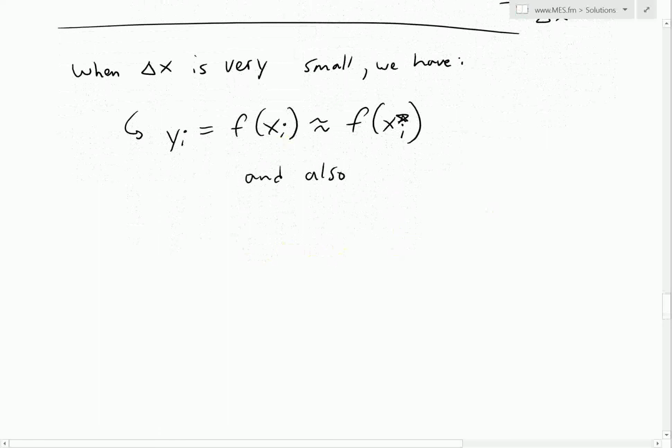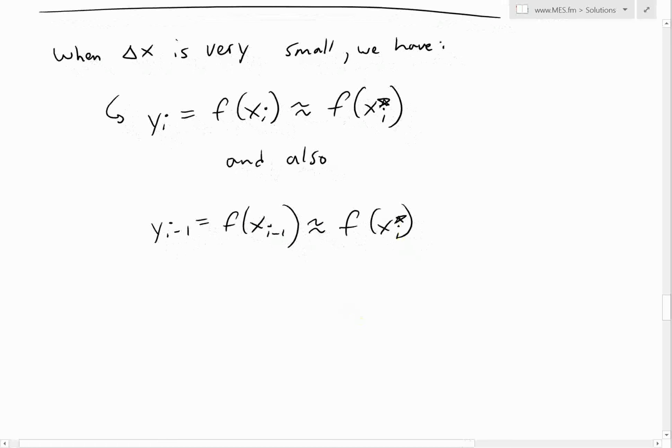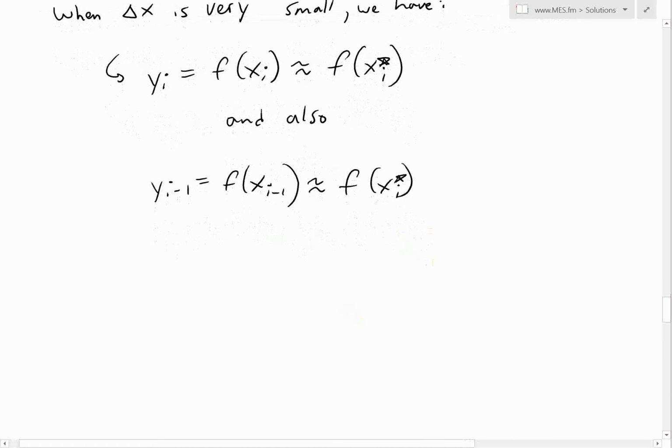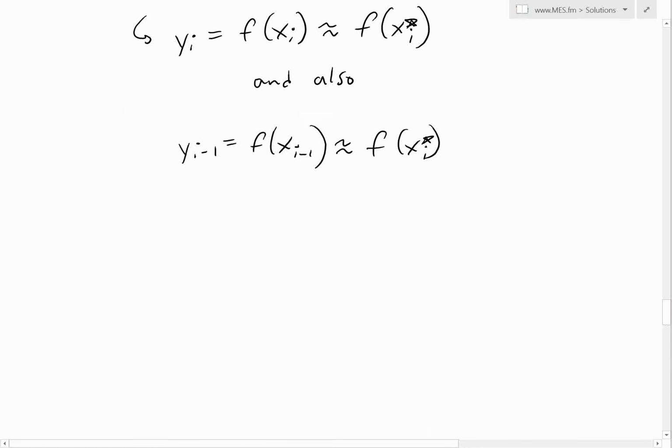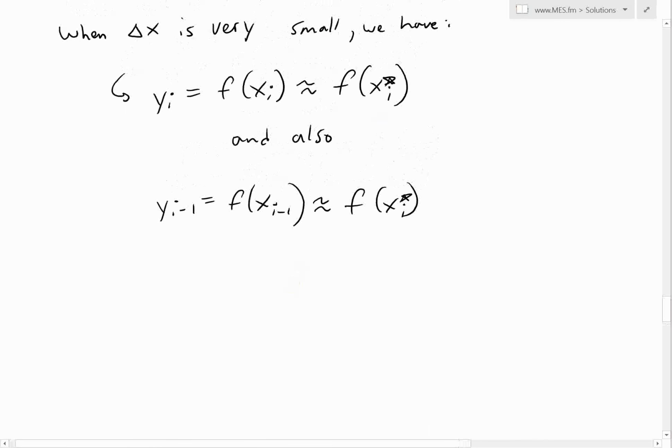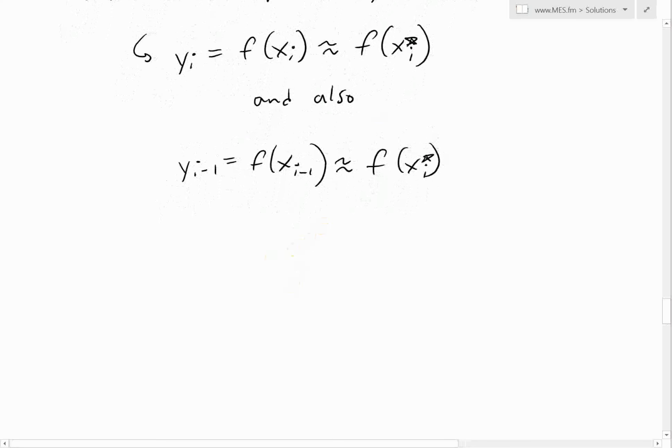And the same thing on the left side: f of xi minus 1 also equals f of xi star. Since the function is continuous, there's no giant spike or anything like that, so the limit from either side approaches the same number.